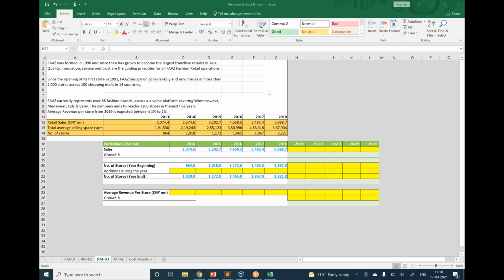Any doubts in this? Nobody understood this problem?